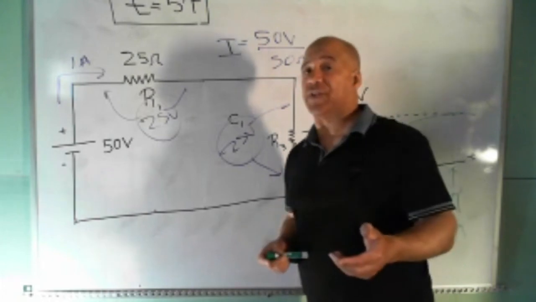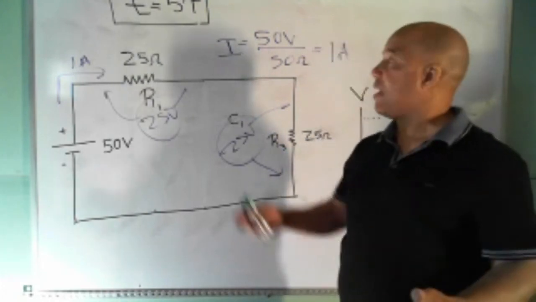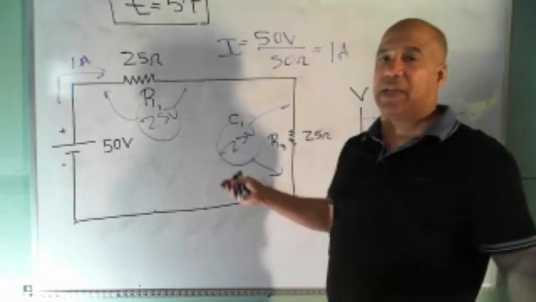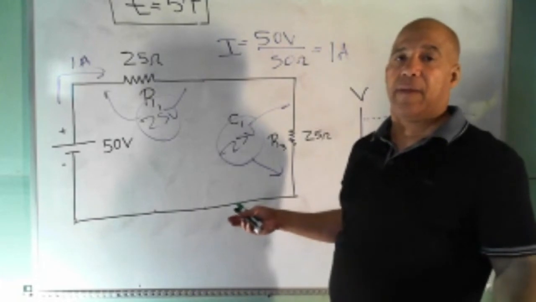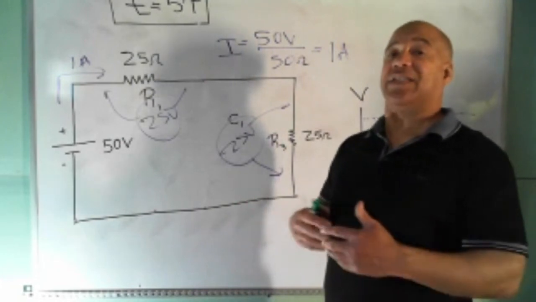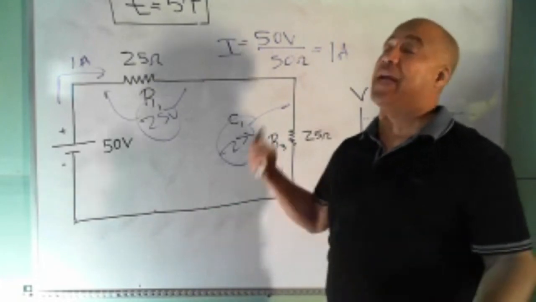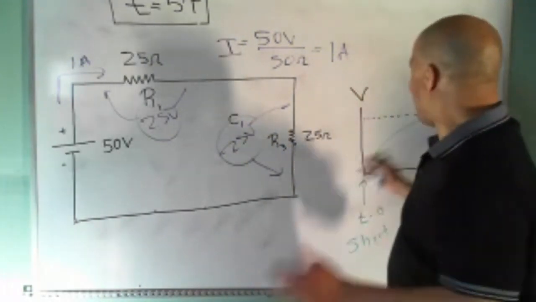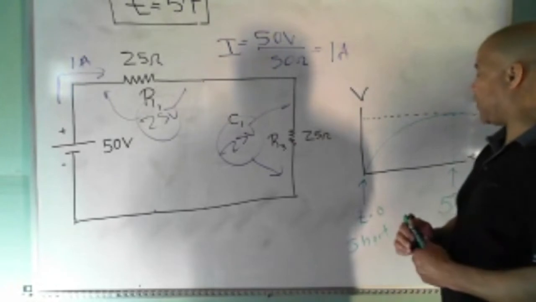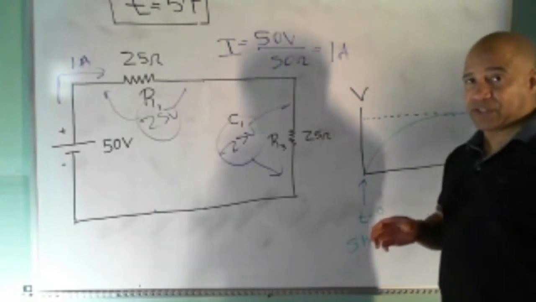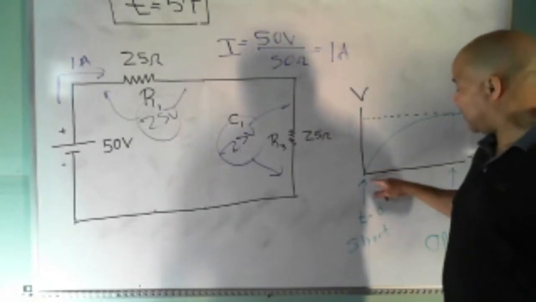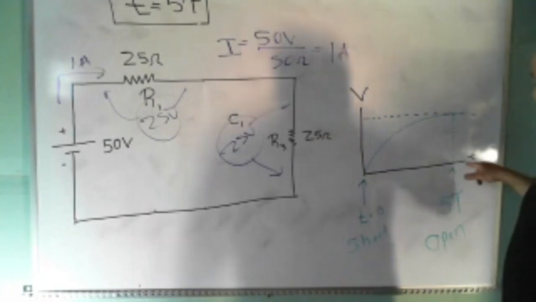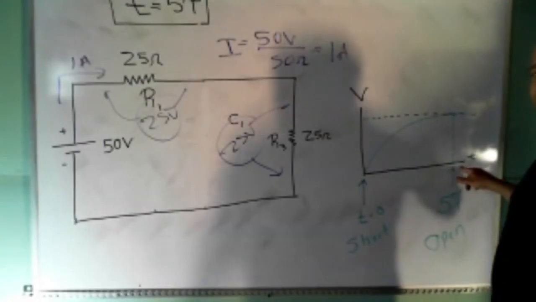If I have a capacitor in parallel with something, at 5 time constants, when I open it up, that's not going to affect anything. If I have a capacitor in series with something and I open it up, that's going to have an effect on the circuit. So please go back and rewatch this video and make sure you understand the significance and the difference between t equals 0 and t greater than or equal to 5 time constants.